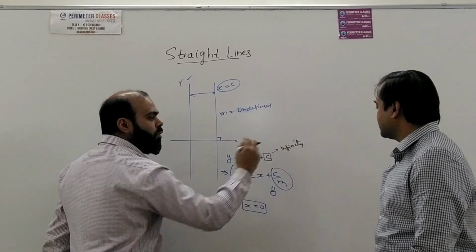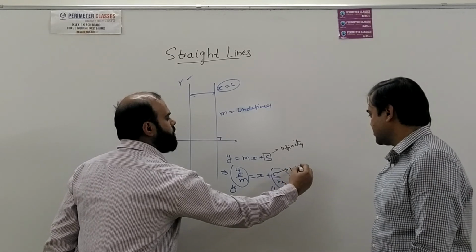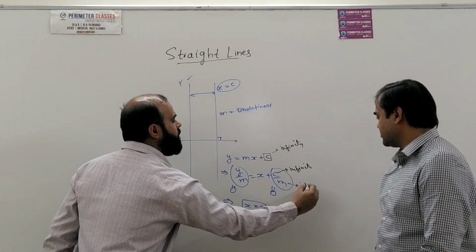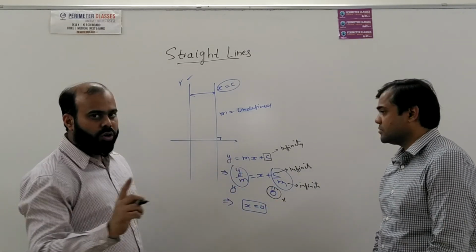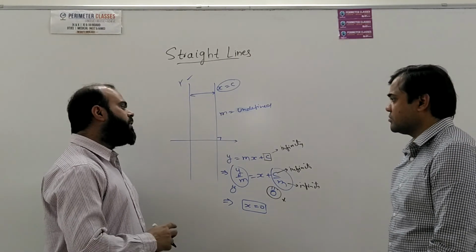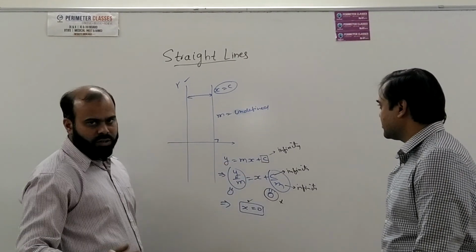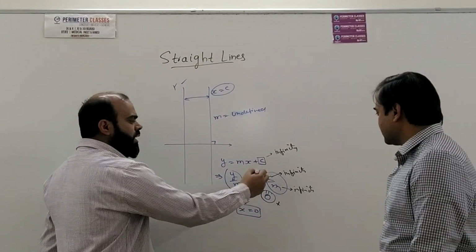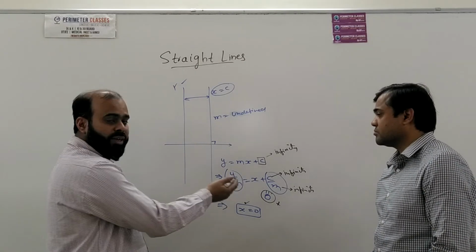If you take c as infinity, and obviously m is also infinity for this line, then infinity upon infinity equal to 0 is not a correct statement, but we took it to be 0 to give you an understanding of the line which is the y-axis. Actually this may be any value, we don't know.